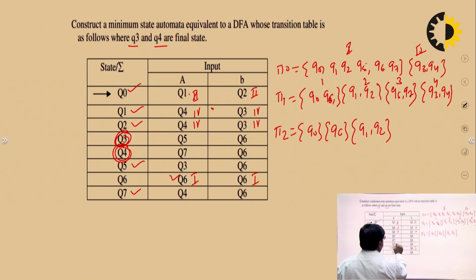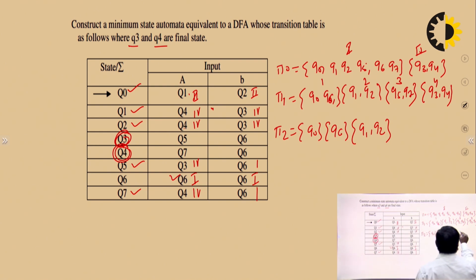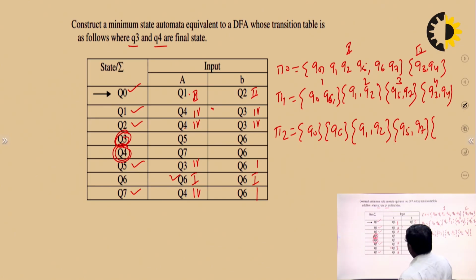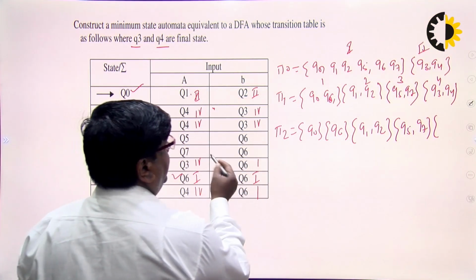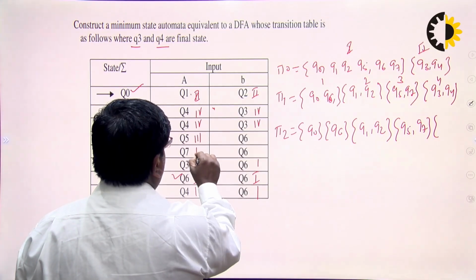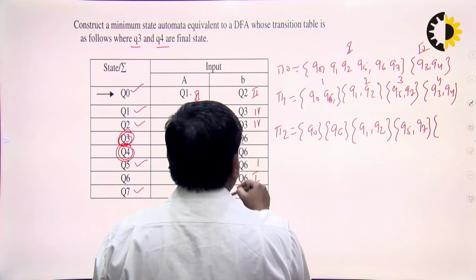Q3 again set number 4 and set number 4. Q6 is in set number 1 and set number 1. It means Q5 and Q7 have a similar behavior. Now again check Q3 and Q4, 5 and 7. 5 and 7 lie in set number 3, here set number 3, and here is the same behavior.